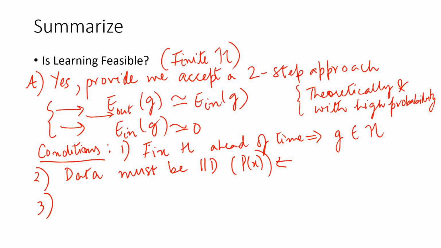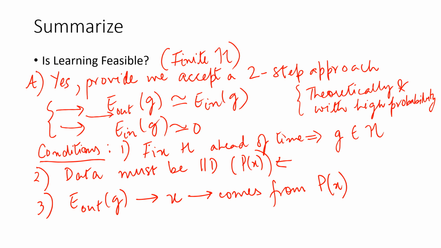So the out-of-sample error is not directly calculated, but we get the information from the two-step process, right? But that is for a random test point, X, that also comes from the same distribution P of X, which is the same thing as this.